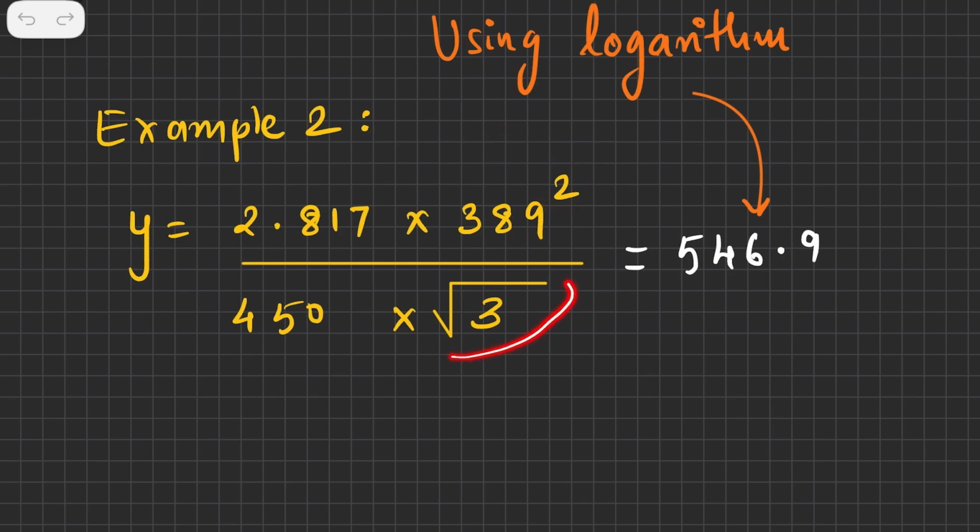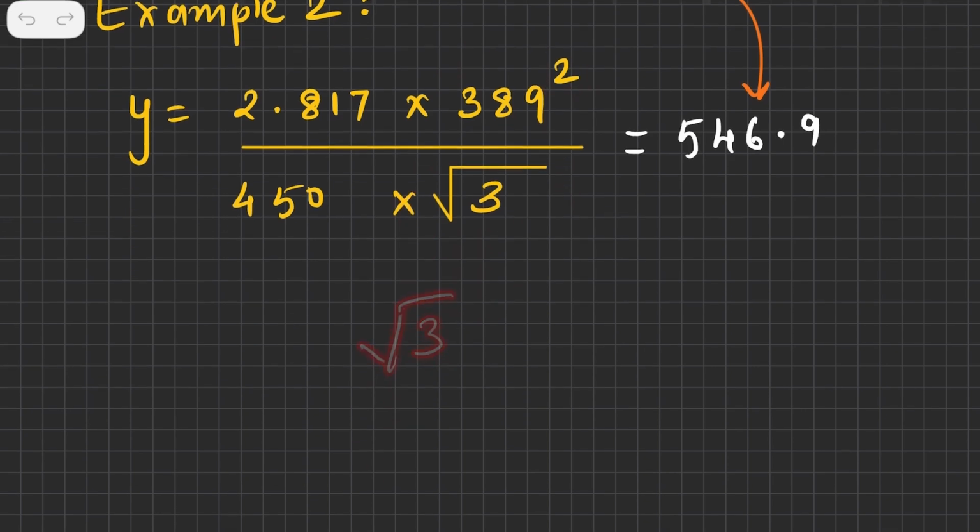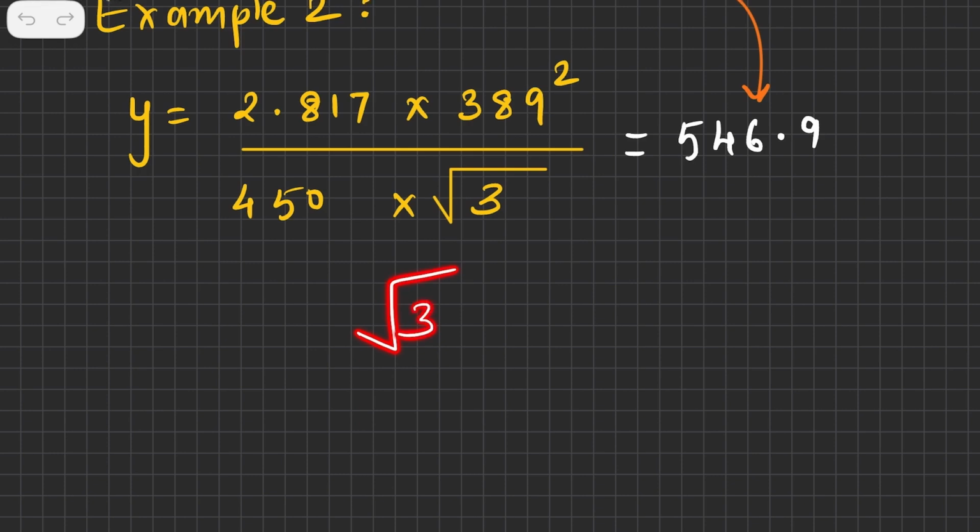Now the concept of root 3: when you write root 3 like this, when there is nothing written over here, that means there is a 2 over here, it's a square root. So we can write this 3 as raised to 1 by 2. Whatever the number is at this point, you can just invert that and put a reciprocal over here.